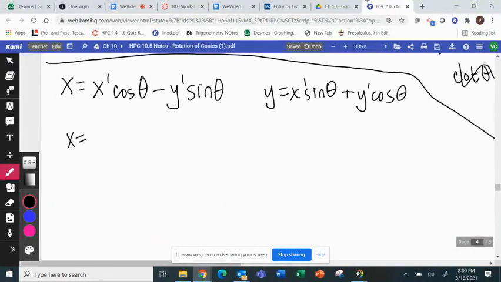So I'll have x equals x prime. The cosine of theta was 2 over square root 5 minus y prime. The sine of theta was 1 over square root 5.